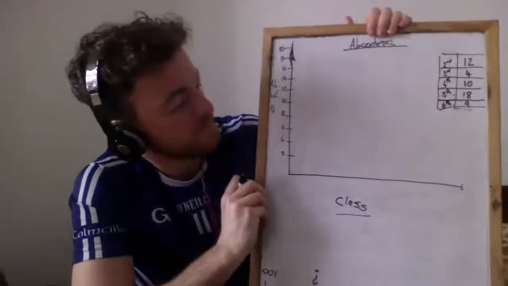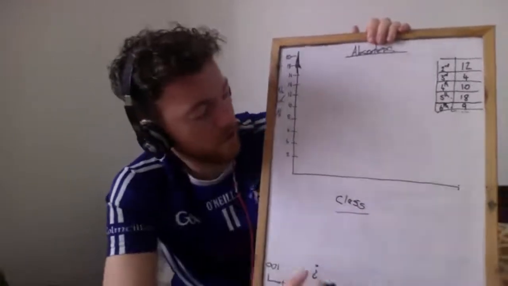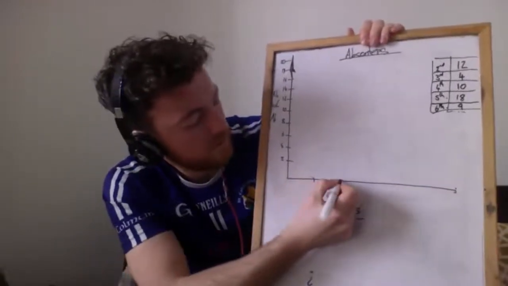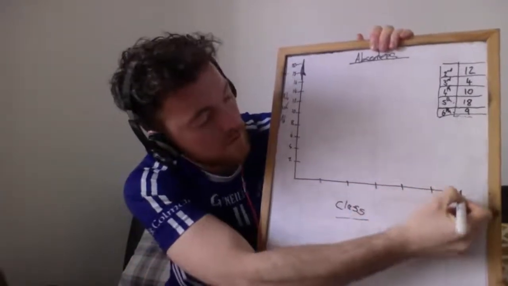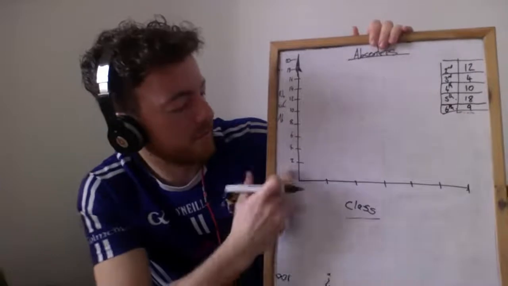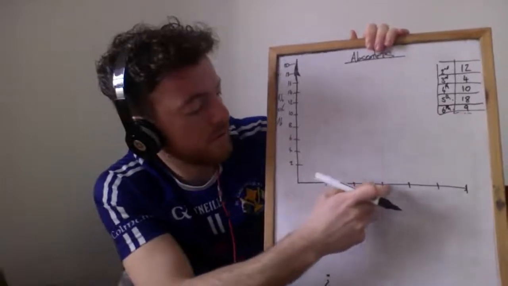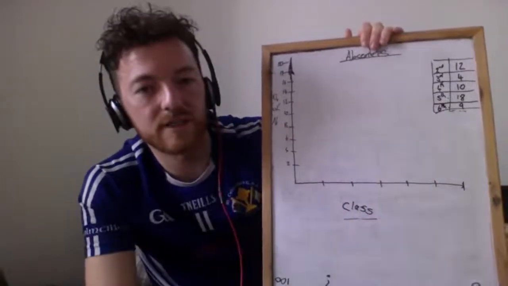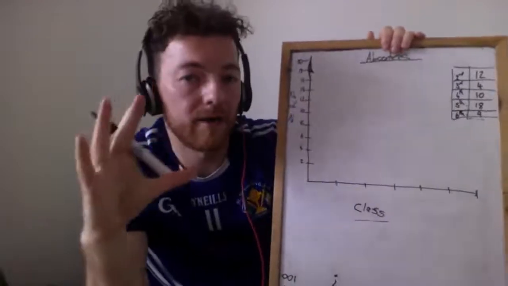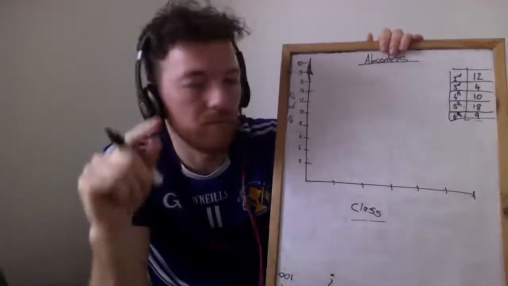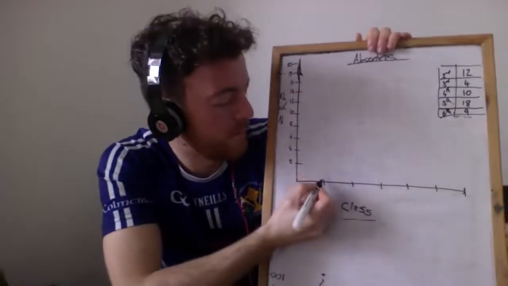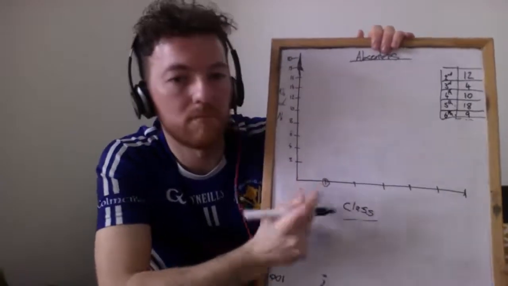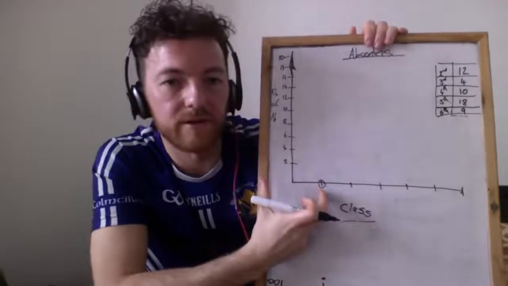All right. Coming over here, we've got our classes. I've got 1, 2, 3, 4, 5, 6. I've got 6 intervals. Now, for a line graph, also very important to note, on a line graph, the data that you plot must be on the interval mark.